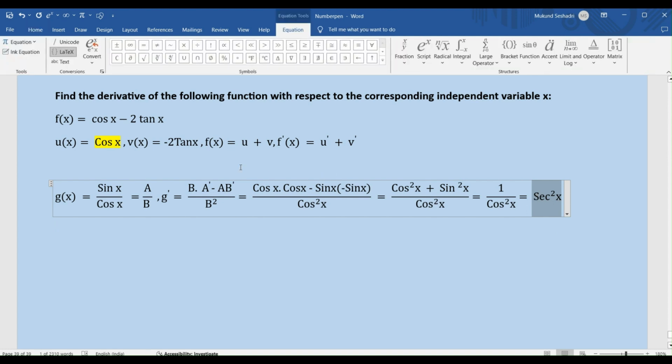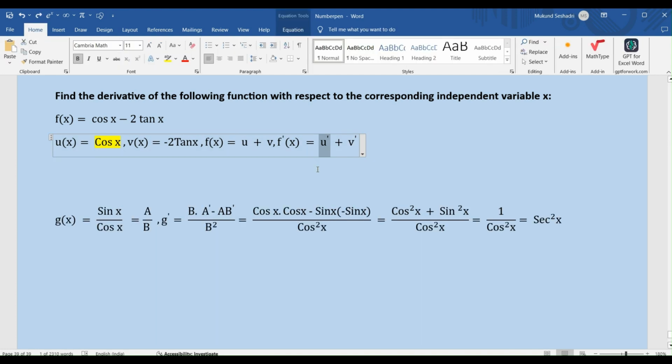So this is my answer for tan x, right? And remember, our v of x is not tan x, it is minus 2 tan x, right? So let's go back to the main expression and rewrite our f dashed of x, right? Our f dashed of x is nothing but u dashed, which we know is d by dx of cos x, which is minus sine x.